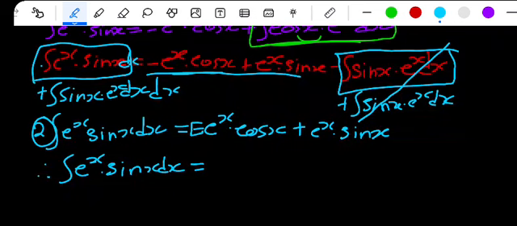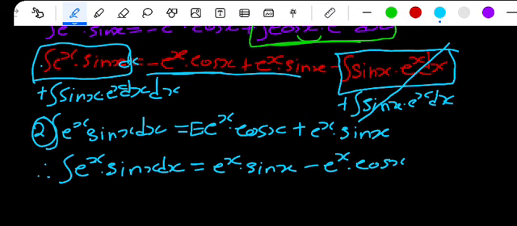This is the same mathematically as e^x multiplied by sine x minus e^x cos x. So we have to divide by what? By 2. I will divide everything by 2 now.